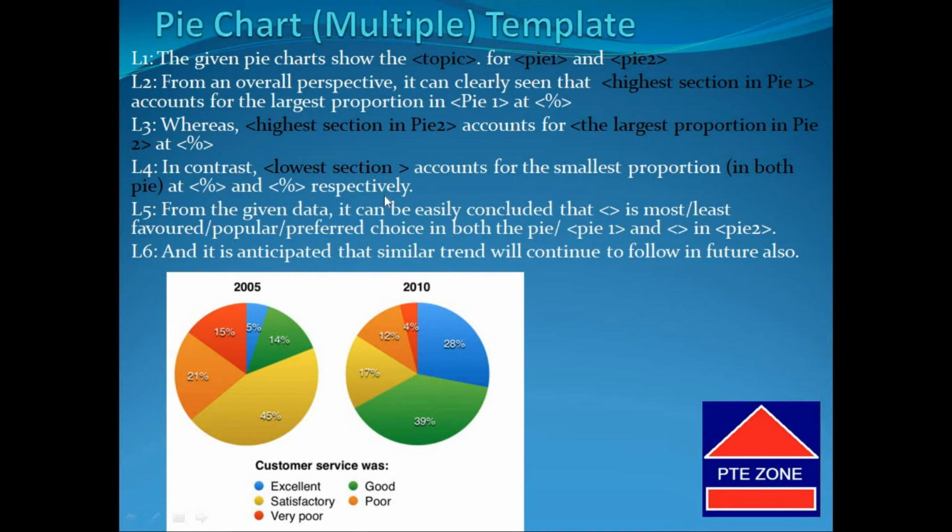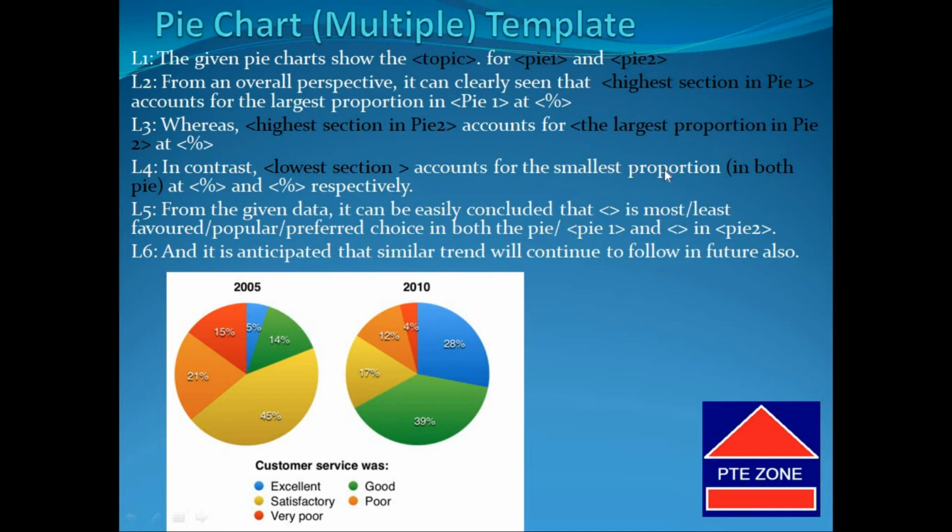In contrast, the lowest section in this scenario is blue, which is excellent, and it is 5%. So you will just say, in contrast, customer service excellent accounts for the smallest proportion in 2005.